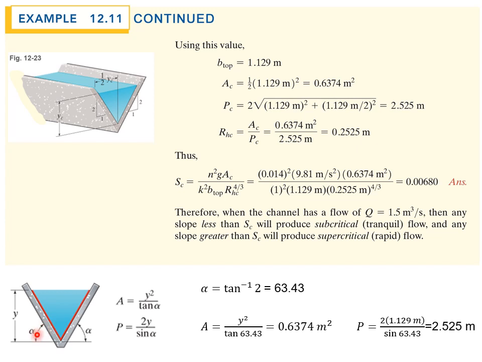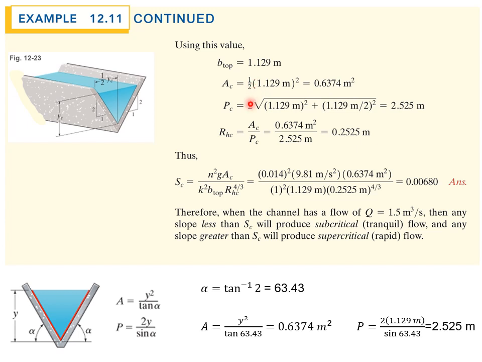Alpha is this angle here, so it's the inverse tangent of 2 divided by 1, which is 2. So that angle alpha is 63.43 degrees. You can use these equations to find the area and the perimeter. You can also do it using geometry.